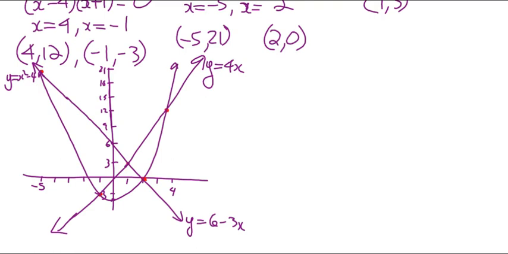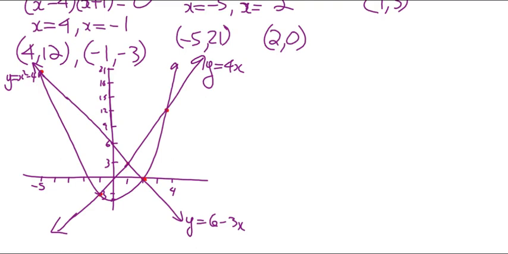Okay, so we need to figure out which the upper curve is and when it's the upper curve. So 6 minus 3x here is the upper curve from -5 to where? To 1.